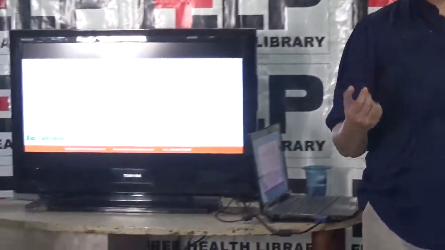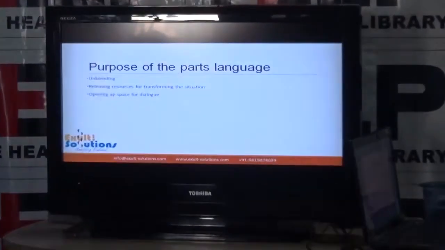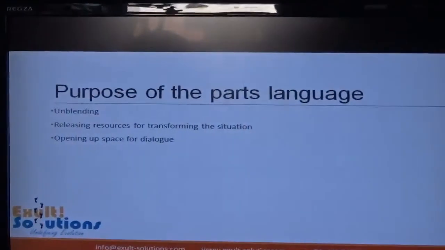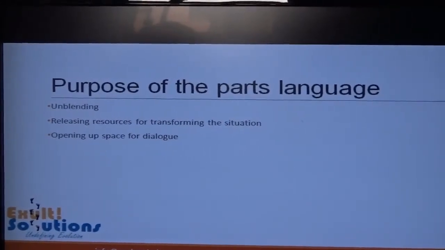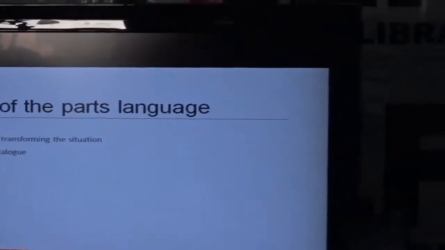So why do we do this? We do this mainly for the purpose of what is called unblending in the IFS terminology. Unblending is where you're saying that there is an unresourceful emotion that has come up with one part. So whether it's anger or sadness, irritation, fear, nervousness, whatever it is that has come up for one part.